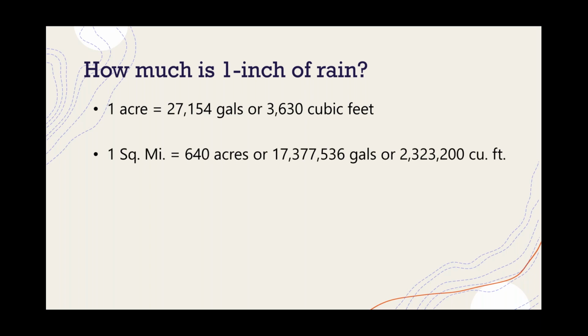If you take that same 1 inch of rain and move it out over a square mile, which contains 640 acres, you're looking at 17.3 million gallons of water just from 1 inch of rain, or 2.3 million cubic feet of water. And cubic feet is commonly used for discharge measurements. So just how much is a cubic foot of water? Well, a cubic foot of water is just under 7.5 gallons, or just over 62 pounds of water.